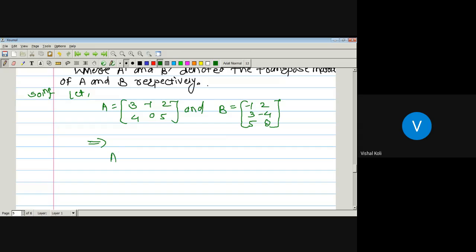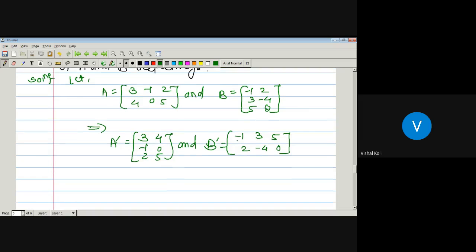A transpose, that is A dash, make the rows as columns: 3, -1, 2, 4, 0, 5, and B transpose equal to -1, 3, 5, 2, -4, 0.